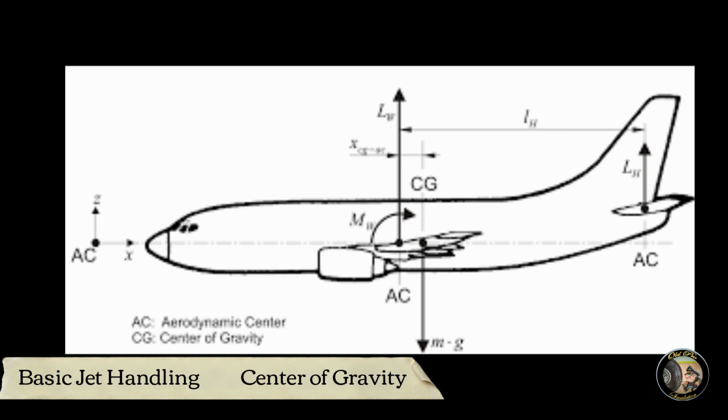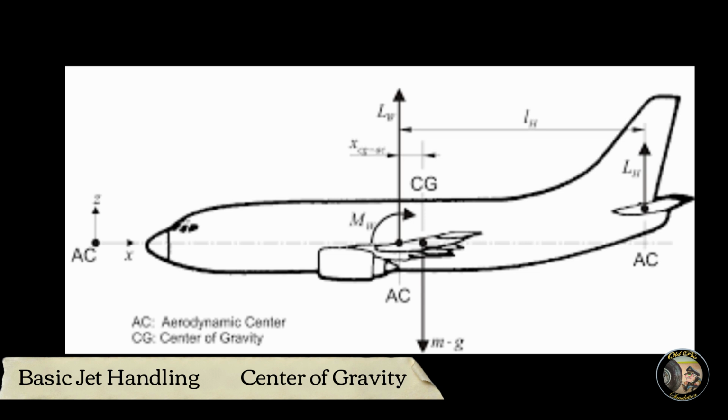Essentially, it is the fulcrum point where all the forces acting on the aircraft in flight come together as a fulcrum. Thrust, its pitching moment from thrust, lift, the down force of the tail, any pitching moments caused by the fuselage, all come together at this point we call the neutral point.